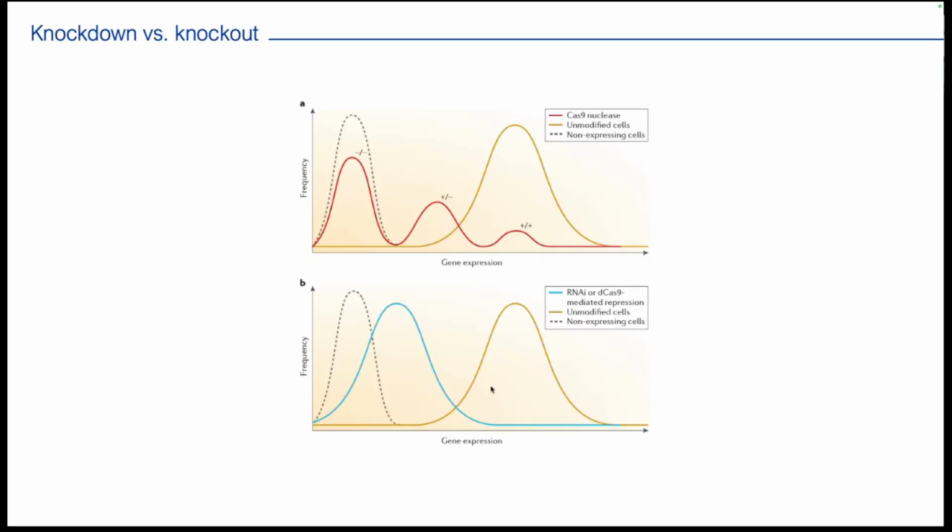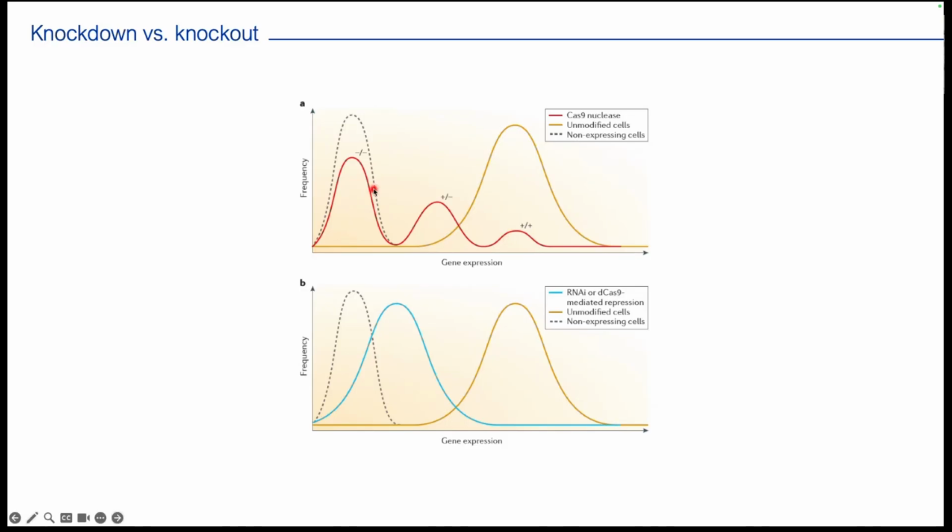Okay, so before we move on to the other part, let me just emphasize one point: doing knockdowns by RNA interference or by CRISPR-I is not the same as doing knockout with CRISPR. So if you think of cells treated with siRNAs or cells treated with CRISPR, you are seeing different things when you analyze these cell populations.